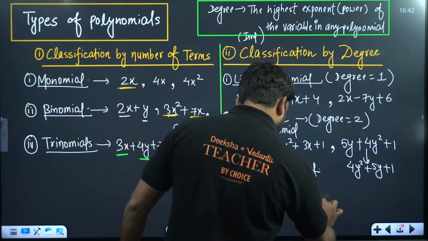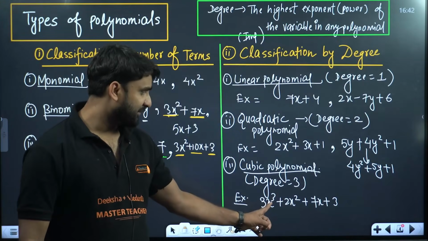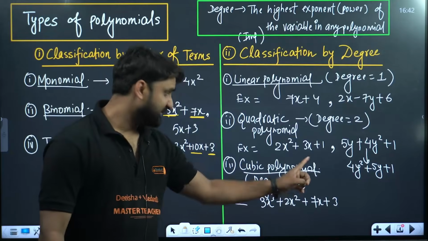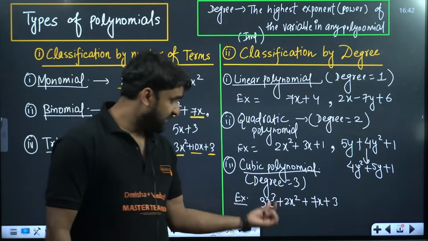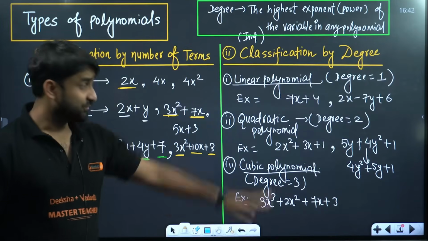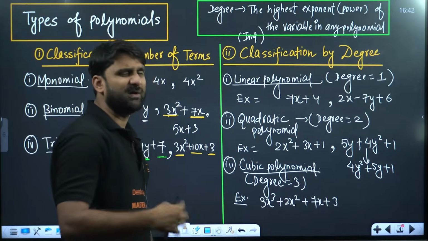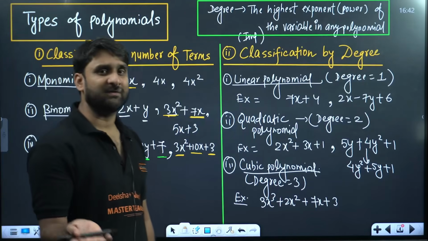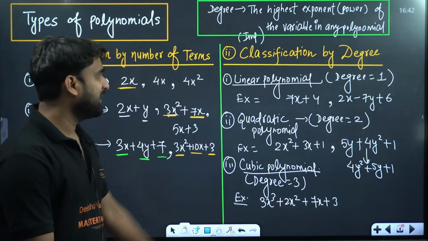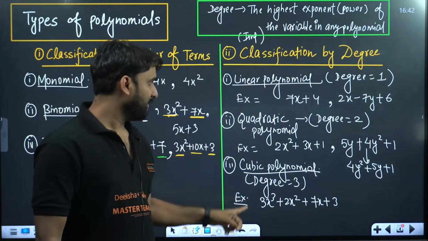Now x will come, and now the pure constant. And look here, what is the highest power? The highest power is 3, and that's why this is a cubic polynomial. Always write the highest power, then one less, then the pure constant comes up. So these are the classifications: linear polynomial, quadratic, and cubic. There is one more, biquadratic, whose degree is 5. There are so many polynomials, but at class 9th level you have to study these 3 polynomials.